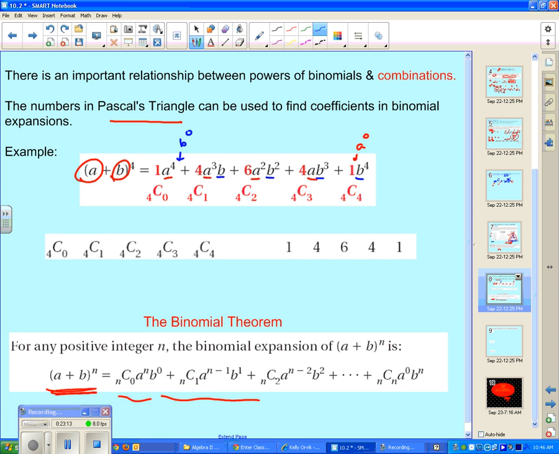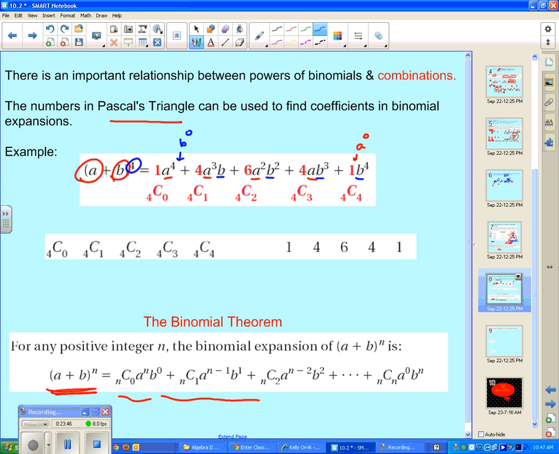What the binomial theorem tells you is that you're going to have both of those terms, the A and the B, in each term in your answer, but one of them is going to start with the biggest exponent of 4 and go down, A to the 4th, A to the 3rd, A to the 2nd, A to the 1st, A to the 0, and the other one's going to go up, B to the 0, B to the 1st, B to the 2nd, B to the 3rd, B to the 4th. Okay?